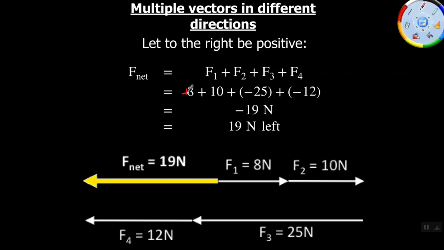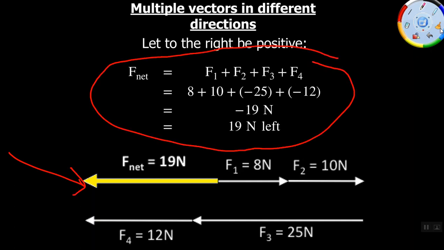So it's a positive 8 plus a positive 10 plus a negative 25 plus a negative 12. That gives me a negative 19, and I interpret that according to my decision in the beginning, that that negative means left. So I can draw the way I did here, or I can calculate the way I did there, or sometimes they force you to calculate or force you to draw.